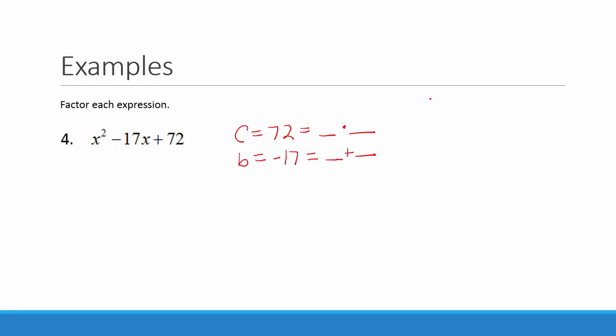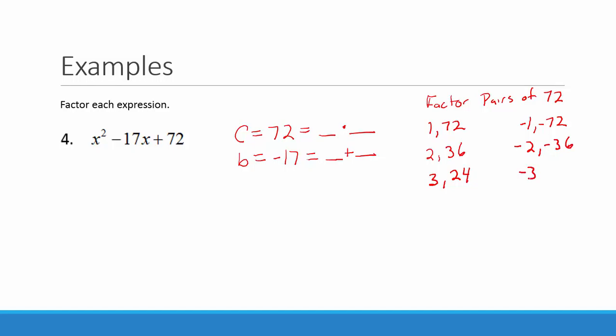So let's list our factor pairs of 72. 1 times 72 equals 72, and negative 1 times negative 72 equals 72. 2 divides 72. 2 times 36, and negative 2 times negative 36. 3 and 24, and negative 3 and negative 24, and 4 and 18, and negative 4 and negative 18.